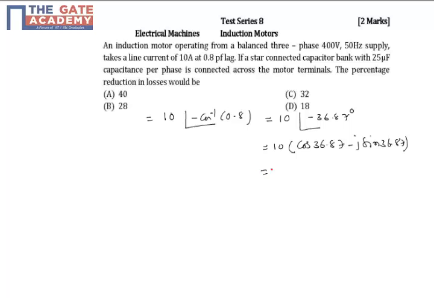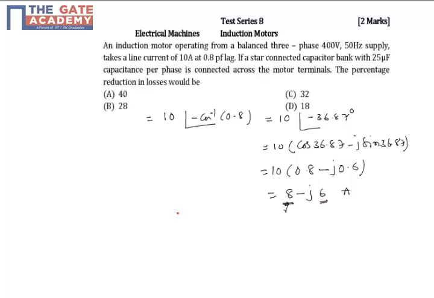So this is equal to 10 into 0.8 minus j into 0.6, which is 8 minus j6 amperes. That means it is drawing 8 amps of current corresponding to active power, and 6 amps corresponding to the reactive power.